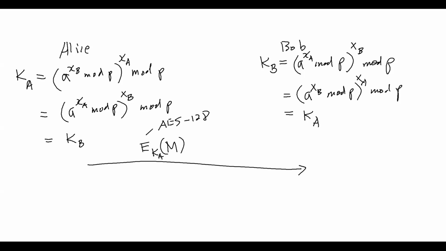Okay. And the next thing we want to show is that Diffie-Hellman is vulnerable to man-in-the-middle attack. Okay, so let's say we have Alice, and we have Bob.